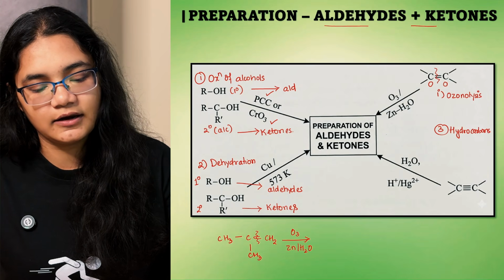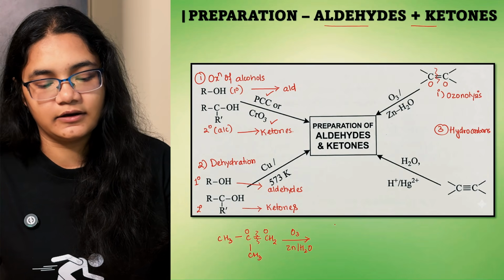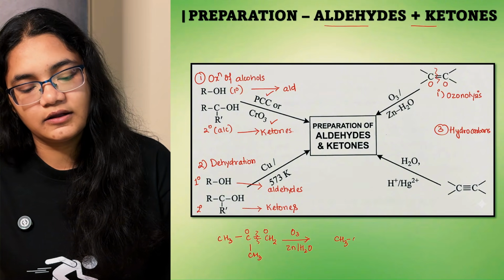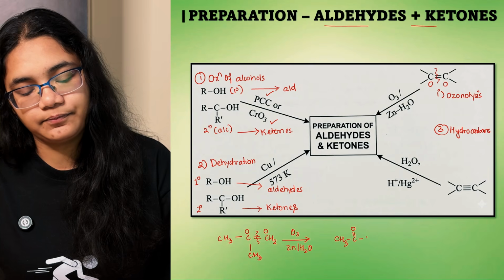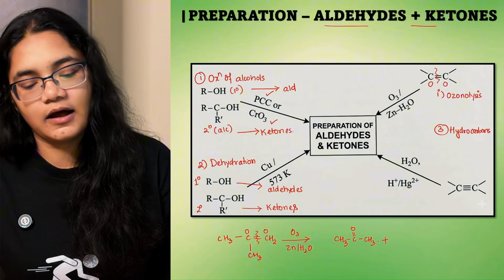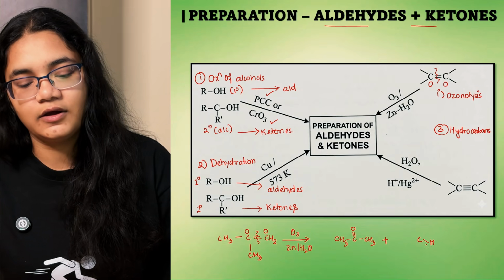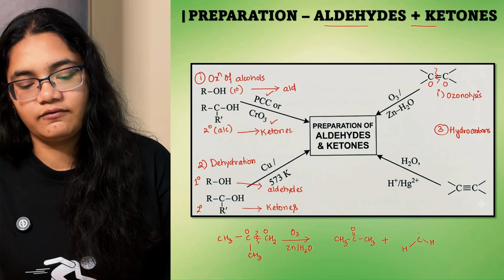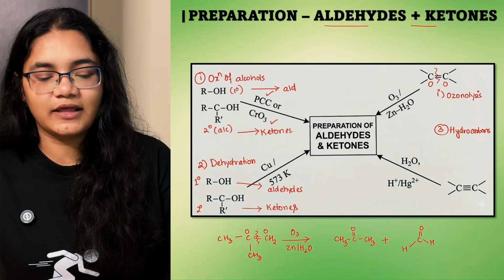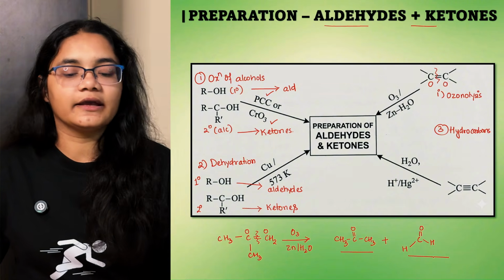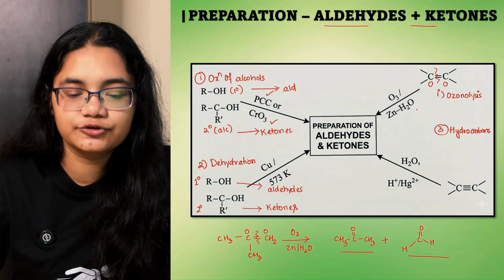The bond will break here and you will get oxygen here and oxygen here. So this particular compound will be CH3COCH3. And the other compound will be H, C, H, with a double bond O. So that is your acetone and this is methanal. So based on this you can get aldehydes and ketones produced.